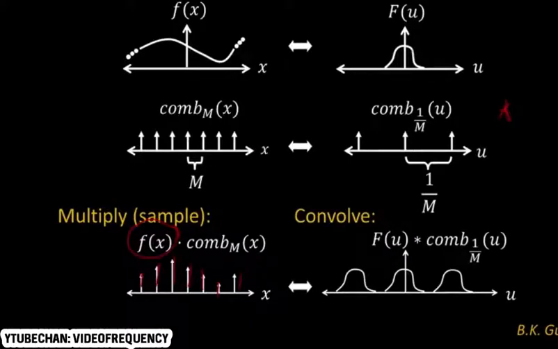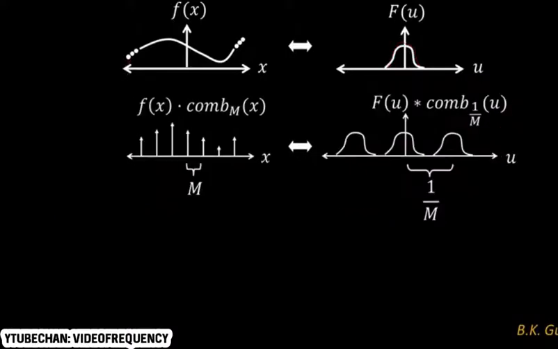Okay, so this is the convolution, and you'll see if I just take this function and I slide it along, I'll reconstruct it here, reconstruct it here, reconstruct it there, and that's what this is showing you. Okay, so that's the Fourier transform of the multiplication of the comb times the function. Just copying that bottom row.